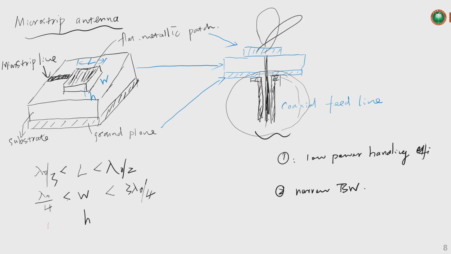And H is much smaller, around 0.003 lambda naught, and smaller than maybe 0.05 lambda naught. So these are the restrictions on the dimensions of such a device.